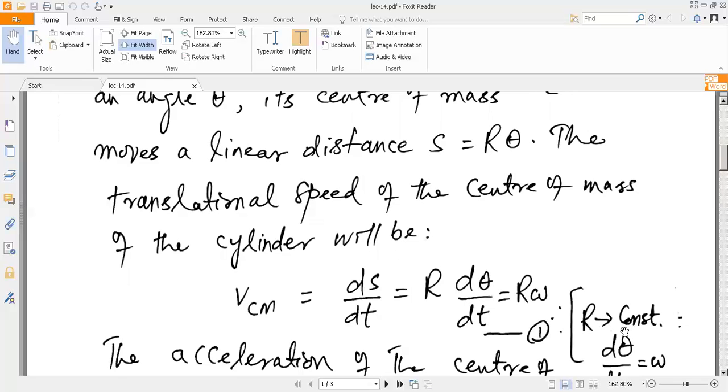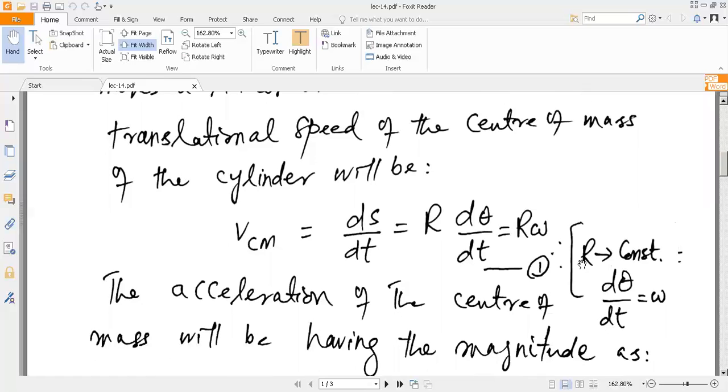Here r is constant, it is not a function of time, so it cannot be included in the time derivative. The only parameter out of these two parameters is theta, which depends on time, which is a function of time. So taking the time derivative of s, we consider d theta over dt only.